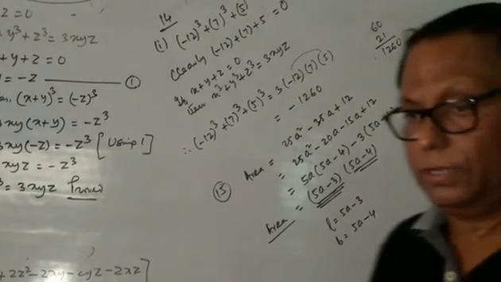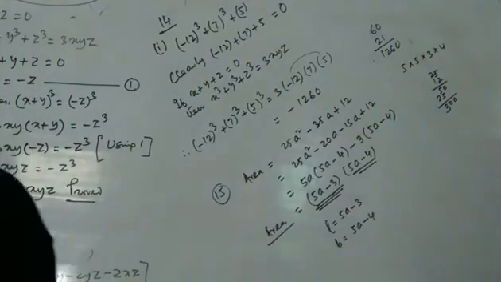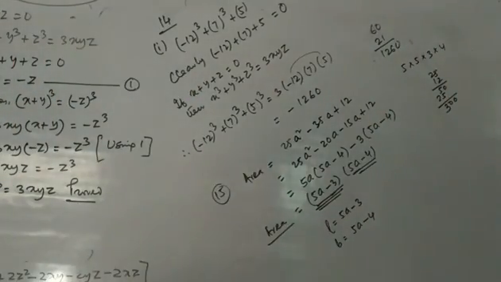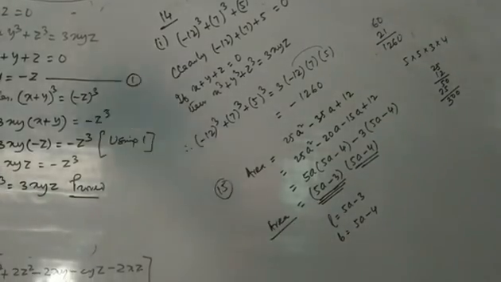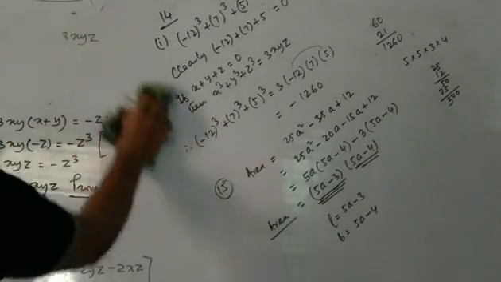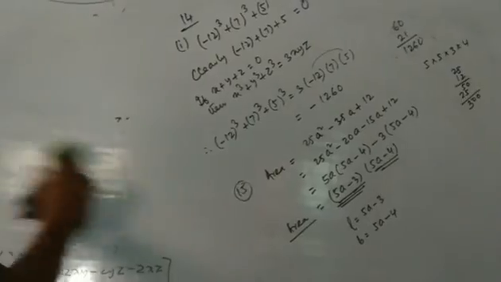Now come to the last question, question number 16. That is the last question of the chapter. In this case, volume is given to you and you are required to find the dimensions of a cuboid.